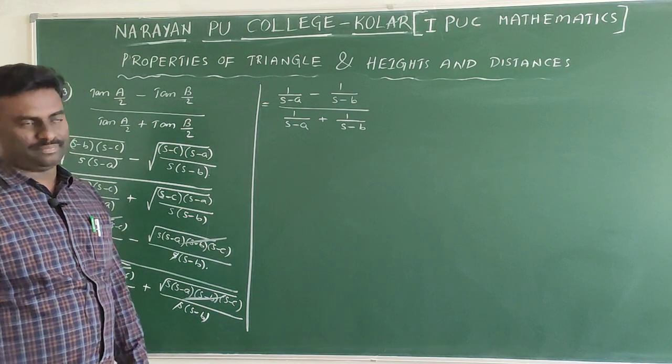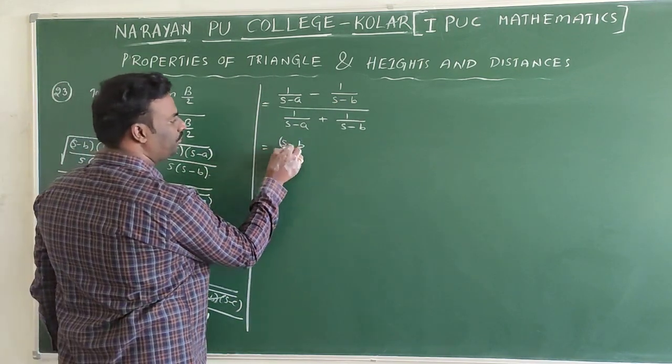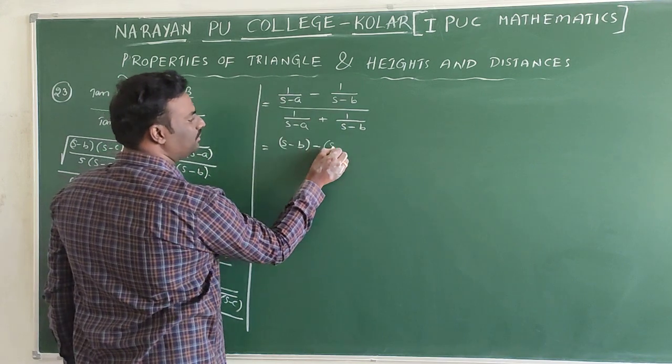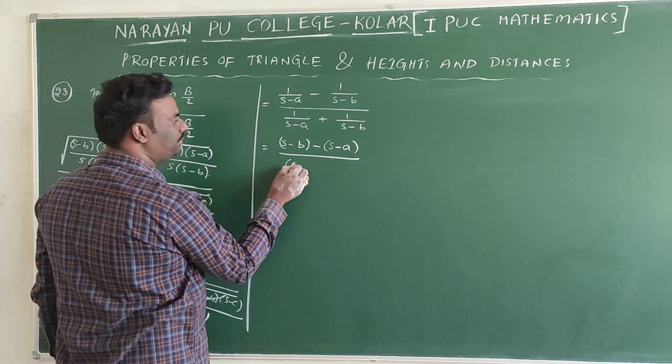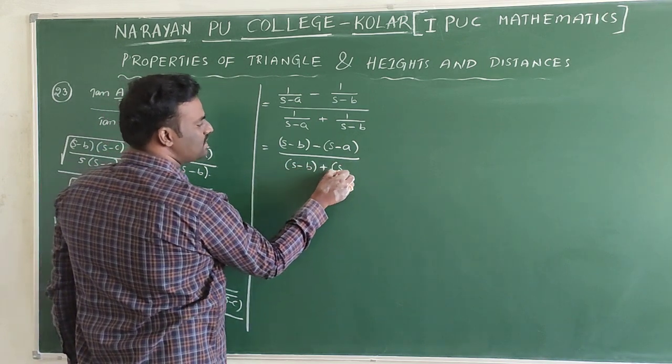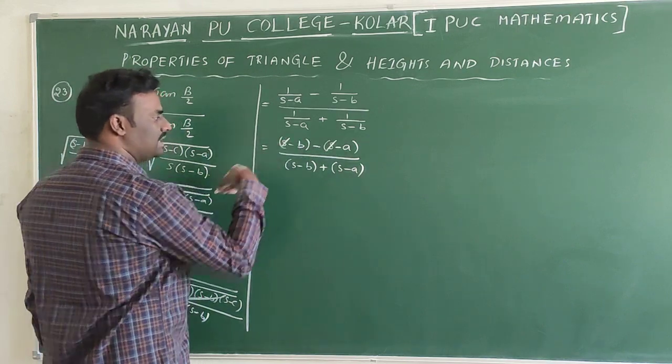If you take the LCM, (S minus B) into 1, (S minus A) into 1, by (S minus B) into 1, (S minus A) into 1, both LCMs get cancelled. Now here S and S get cancelled.